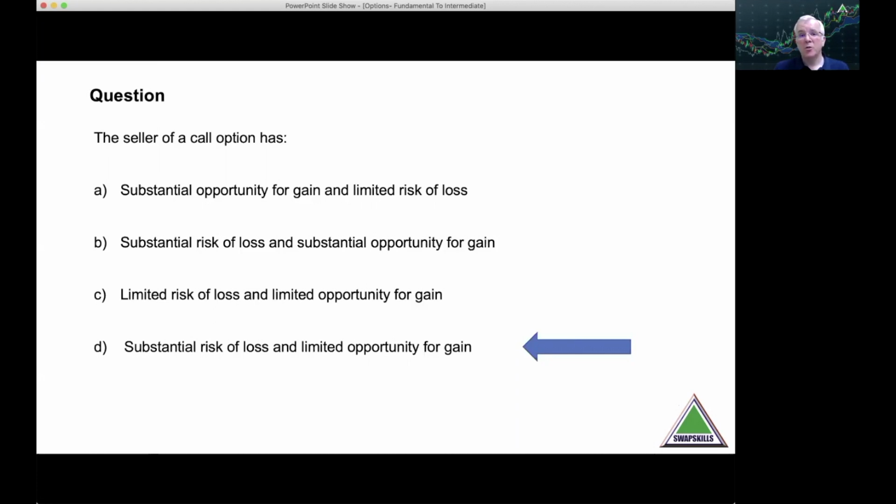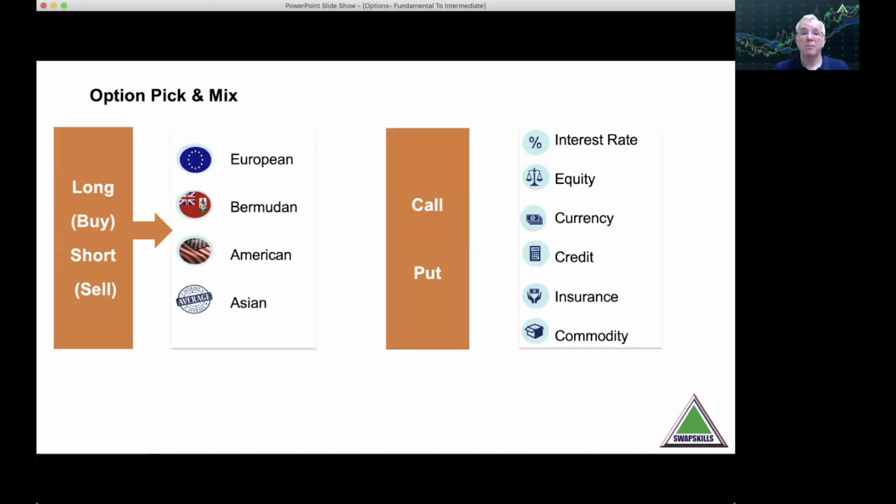So if you sell an option, the most money you're earning is the premium I've paid you for that option. But if the market goes against you, you sold me the right to buy something off you here. If the market goes up and up and up, you could have a potentially unlimited loss. So unlimited potential loss for a pretty limited gain.